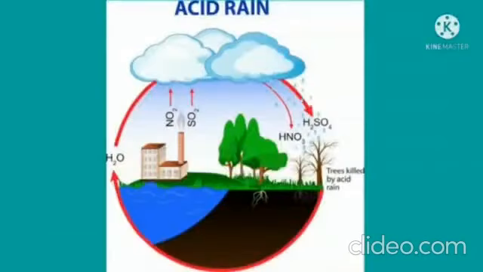Next we will learn about acid rains. Students, observe the picture. Burning of fossil fuels, vehicles and heavy equipment, manufacturing, oil refineries and other industries release waste gases.